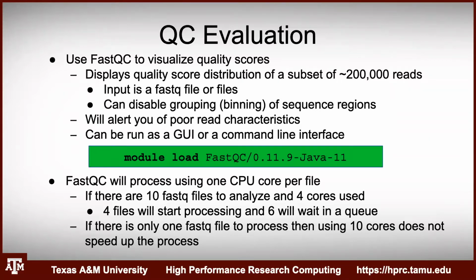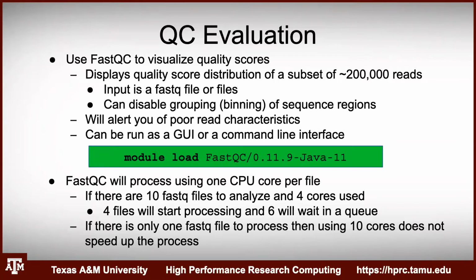One thing to know about running FastQC is that it will process using only one CPU core per file that you give it. So say you have 10 FASTQ files that you want to assess the quality on, and you only assign 4 cores, it's going to take the first 4 files and start working on those. It'll queue the other 6.